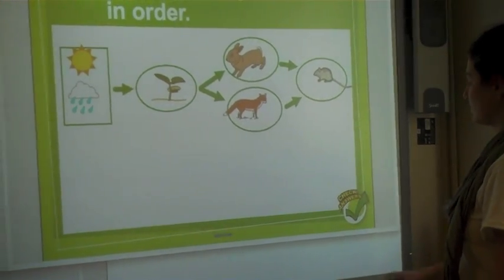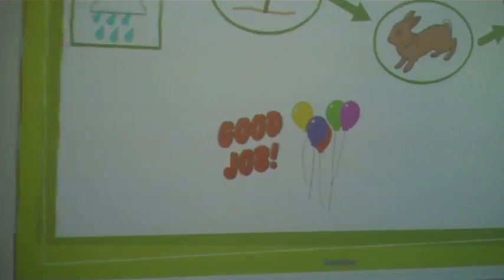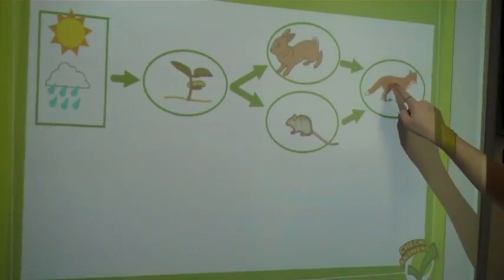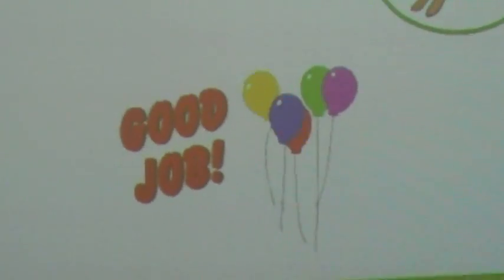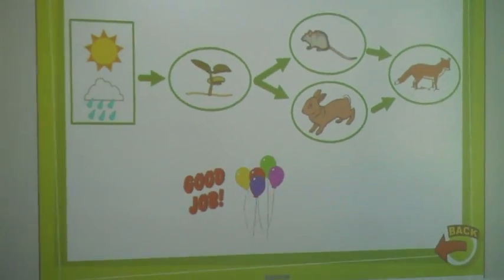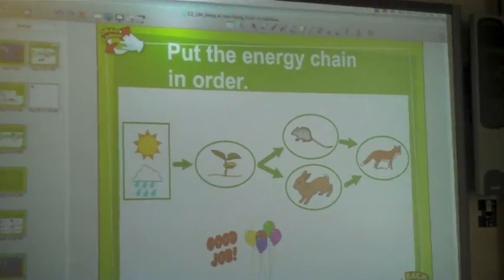Oh, balloons pop up saying, good job, good job. But I think they fixed it for us, because it's supposed to be the sun and the energy and the rain, the plant, the rat or the bunny, and then the fox. And you can add in cool effects like the balloons to show that you did a good job. It's still bouncing up and down. That's really cool.